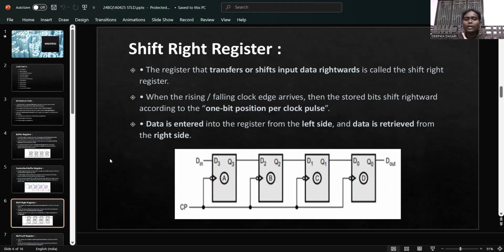The data is entered into the register from the left side and retrieved from the right side. We can see this in this figure, where we considered four D flip-flops, and for each flip-flop we connected the clock. Here we give the D input, and the Q output is connected to the next D flip-flop. Like that, they are connected.